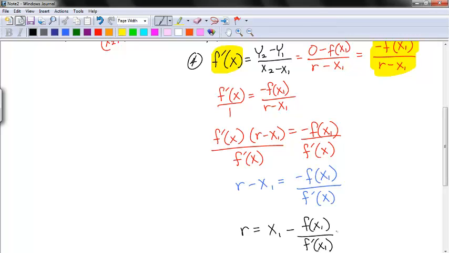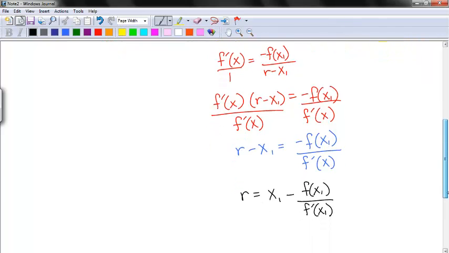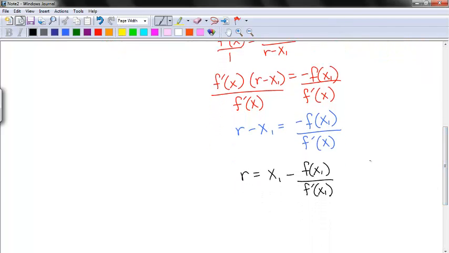Okay? So now, in the calculator, you're going to put in y sub 1, your original, just like we've done before. In y sub 2, you're going to do the numerical derivative of y sub 1 comma x comma x. Okay?